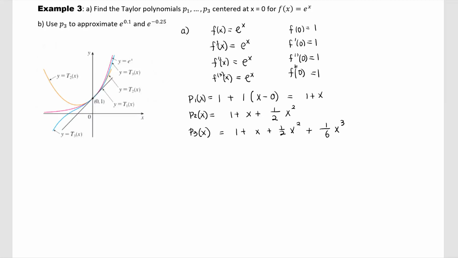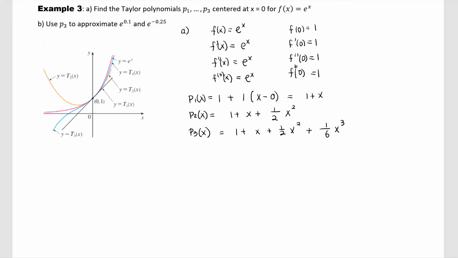Part B, use P3 to approximate e to the 0.1 and e to the minus 0.25. So you can see, look at this picture. I give you the picture here. We have the exponential function, that is the pink line, right? And P1, this picture uses T because T also stands for Taylor polynomial.